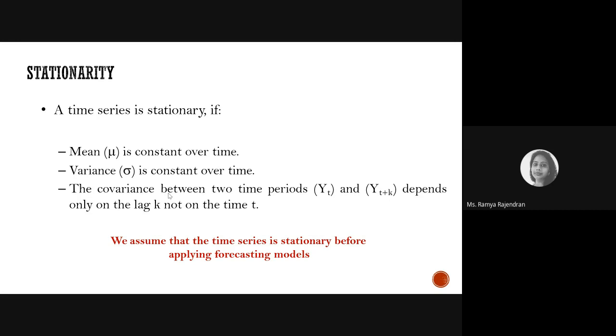To find out whether your data is stationary, you have to check your mean, variance, and covariance. If your data is stationary, the mean will always be constant over a period of time, and the variance will also be constant. The covariance between two variables over two different periods depends only on the lag k, not on the time t. When your data follows this, you can say your time series data is stationary.